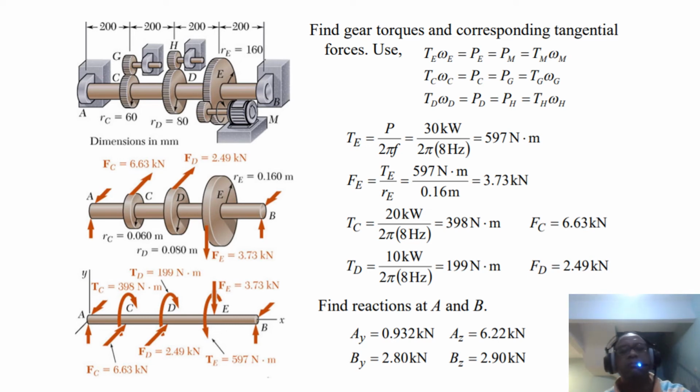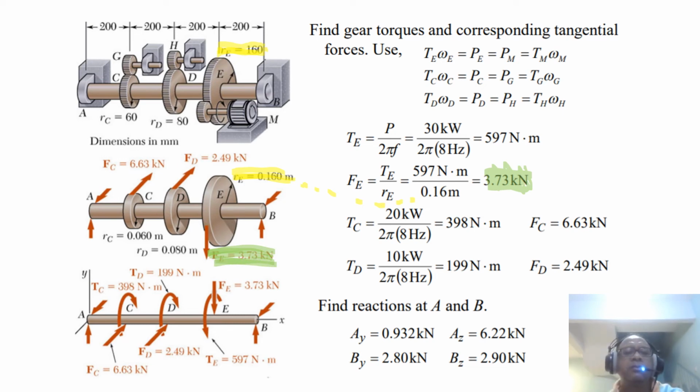Yeah, so let me maybe highlight that with yellow. This is the distance, 0.16, and that is where we are using it. Okay, similarly we can get 3.73 kilonewton. So that gives us this green answer, which is here.